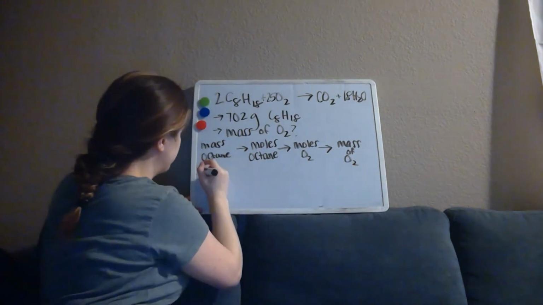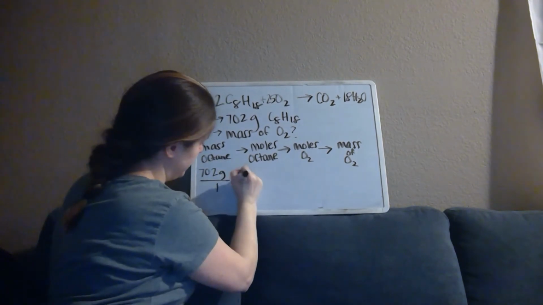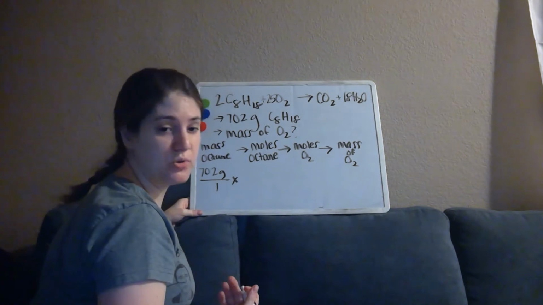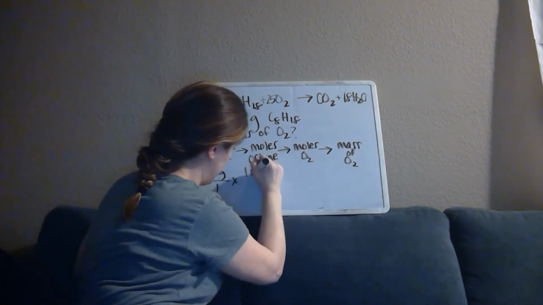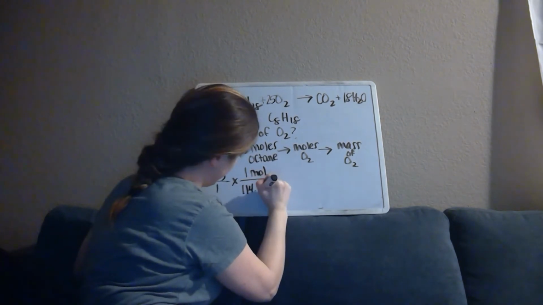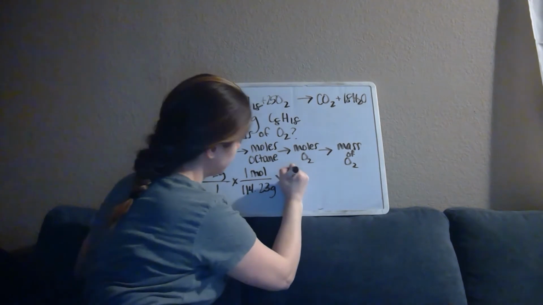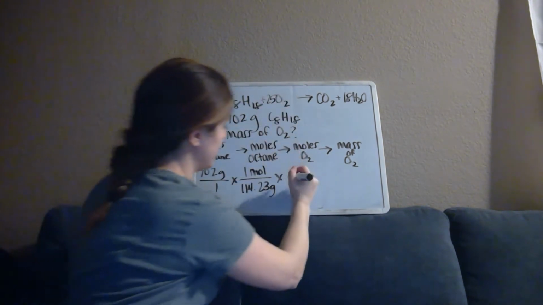So first steps first, we're starting with 702 grams of octane. So to get to the moles, we'll use the molar weight, which I've already determined. So 1 mole of octane is equal to 114.23 grams.